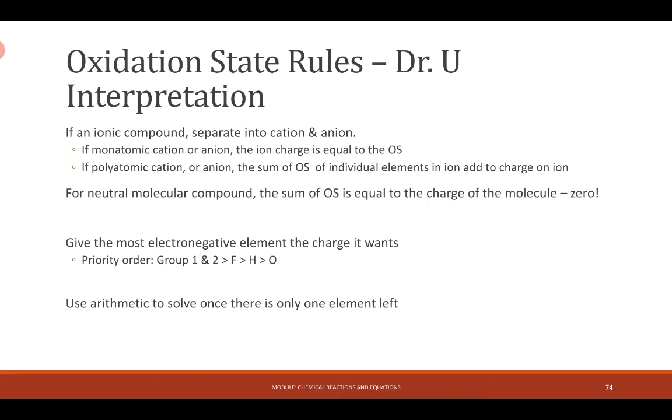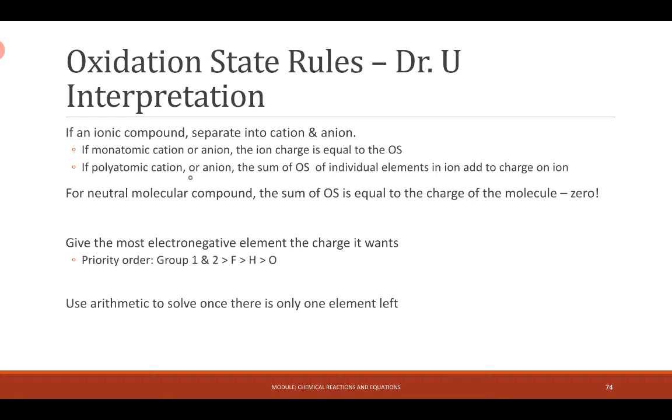So these rules can seem like a bit much at first, but it's not that different than just assigning charges to ionic compounds. And so if you see an ionic compound, just separate it into its cation and anion. Then if it's monatomic, then the ion charge is equal to its oxidation state.